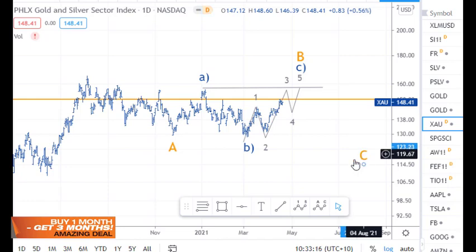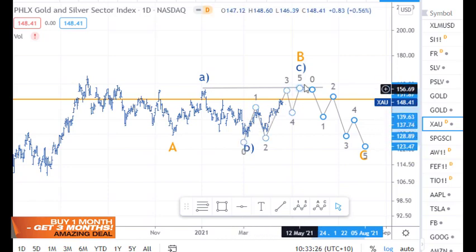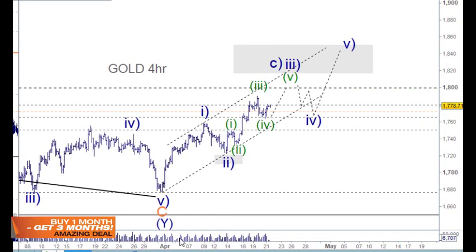Now, I know a lot of you think that that's not going to happen, and so on, but I think it's just something that we could look at when we get to the end of the first. So when we count these 5 waves up here, we'll just need to be careful at that point. So that would relate back to gold, if I can just go back here to the 4-hour chart. It's just something that we need to be mindful of along the way.